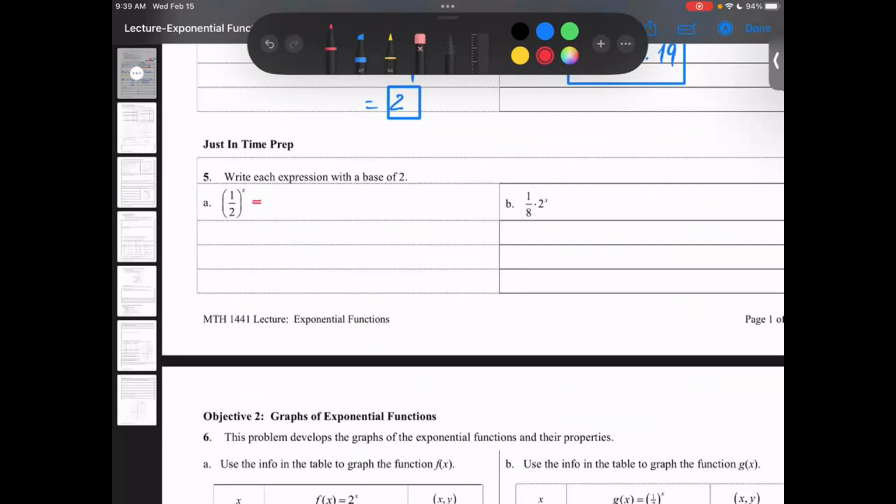What would I do? The 1/2 becomes what? Well, the 2, right? I want base 2. But when I do that, I'm flipping, right? So x becomes negative x. 2 over 1 is the same thing as 2, so 2 to the negative x.